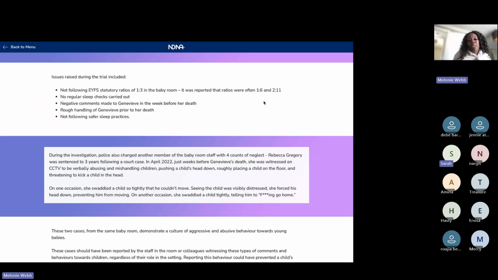So that tells me that Rebecca and her old mate were obviously the two people in that room together, just probably bouncing off one another for being nasty. Oh, gosh. So they supported each other's abuse, and she only got 3 years for it. Shocking.